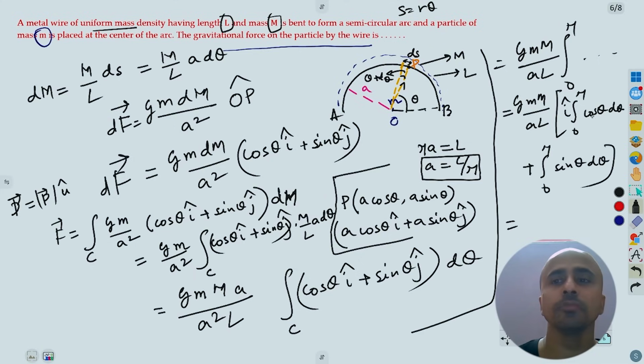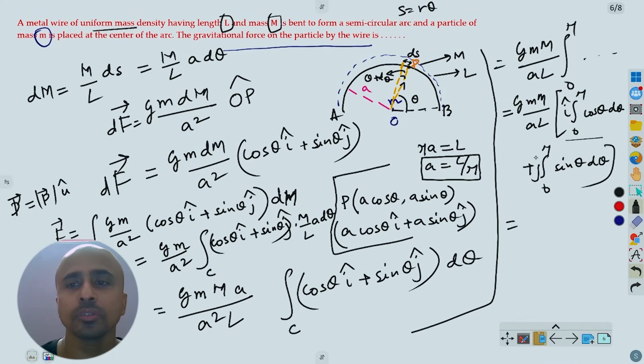Now see, integrating cos theta gives sin theta, right? So sin pi is 0 and sin 0 is 0, so this term will be 0. Left only this term, so this is basically GMm by aL. And what is the integral of sin theta? The integral of sin theta is minus cos theta, right?